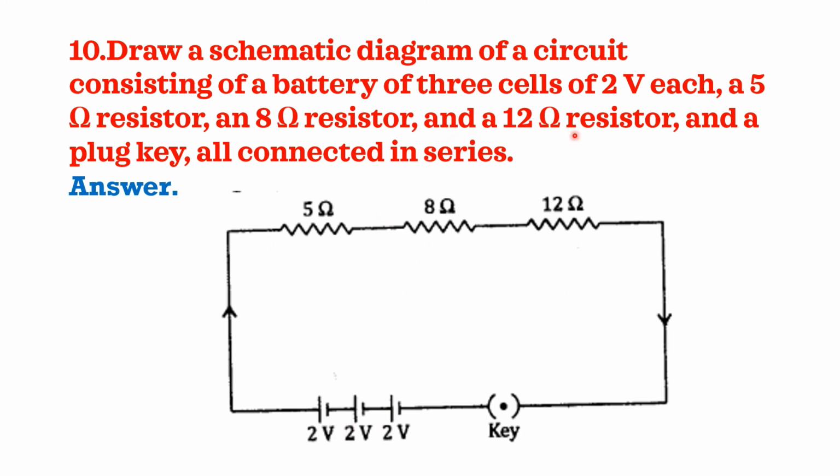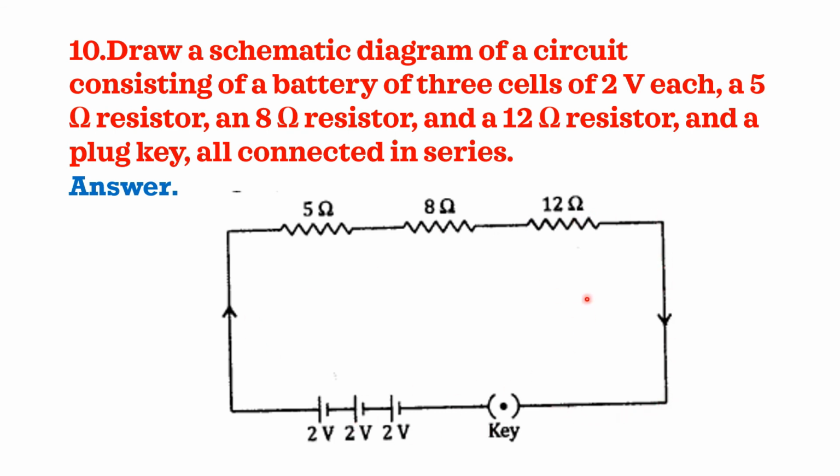There are 3 cells, each having 2 volts, connected in series, and then the positive terminal is connected to the 5 ohm resistor. One is a 5 ohm resistor, another is an 8 ohm resistor, and there is a 12 ohm resistor. All should be connected in series, and then this is connected to the plug key.